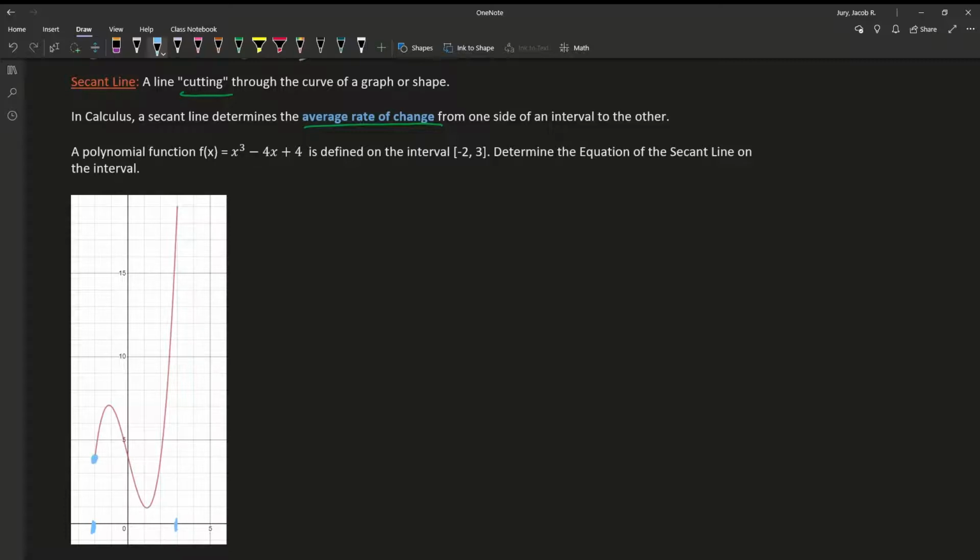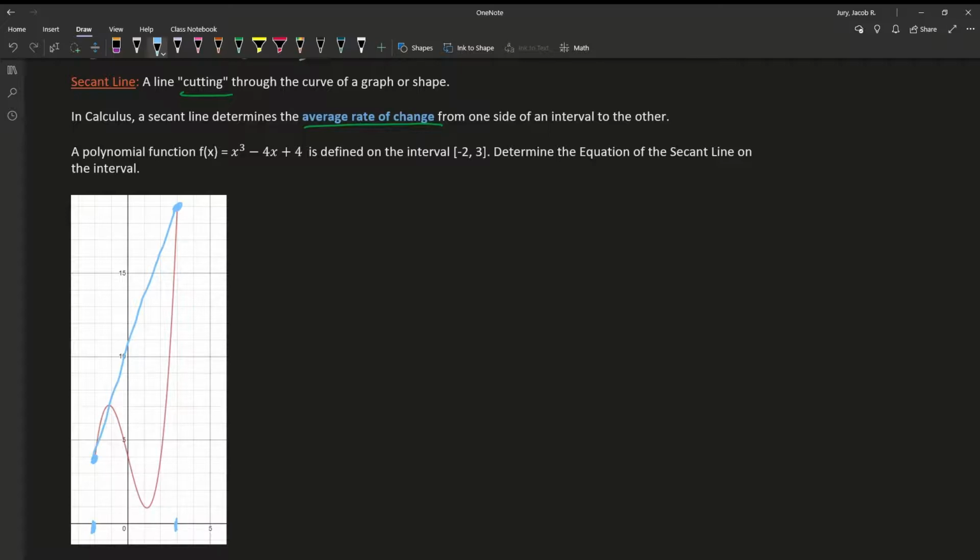So I'm going to draw a closed dot from x equals -2 to x equals 3. So this is the line we want to determine.